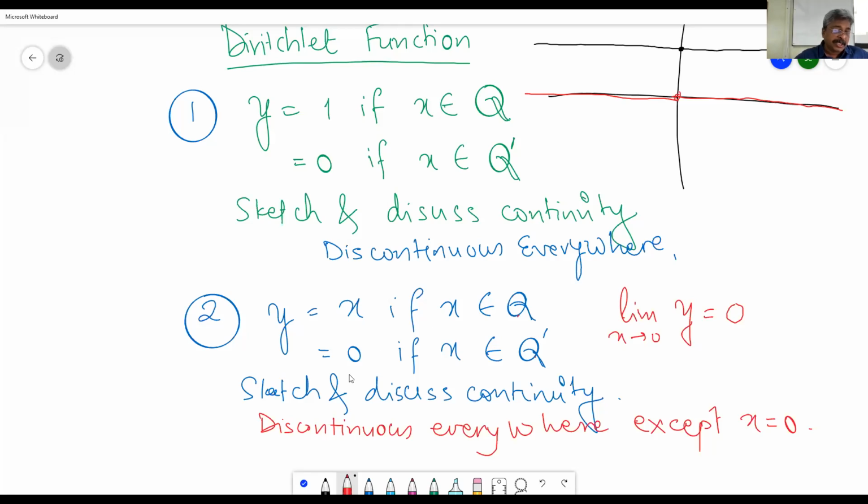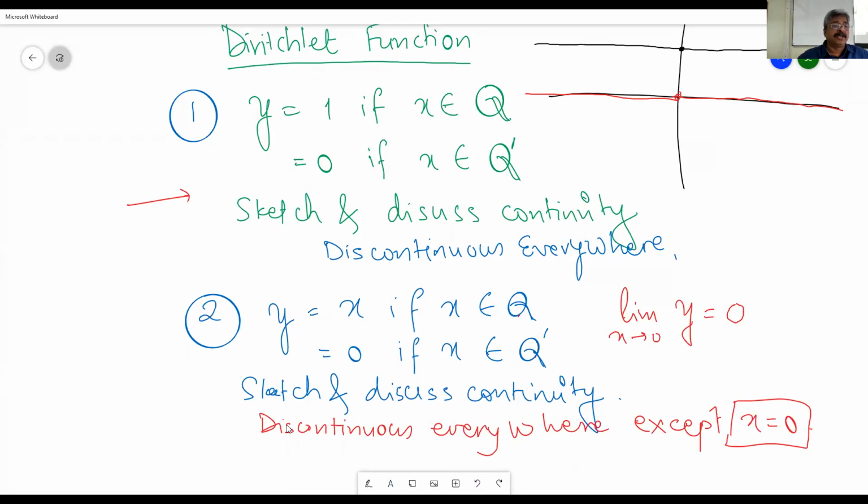Anyway, the value of the function at x equal to 0 is again 0. f of c is 0 and therefore it is continuous at x equal to 0. However, if you consider any other point on the x-axis, you have the same problem as problem number 1 and therefore it is discontinuous at all other points.